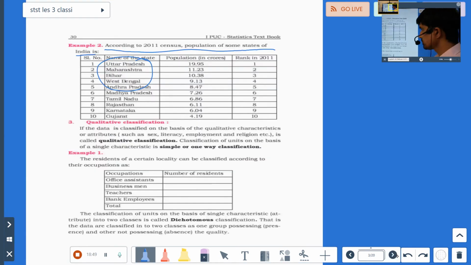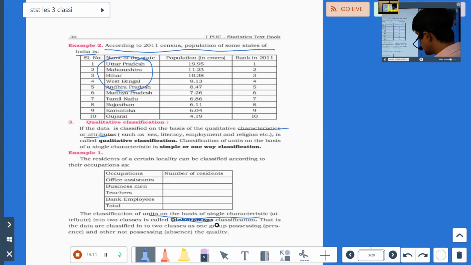Okay. Then next, qualitative classification. What do you mean by qualitative classification? Based on characteristics or attributes, such classification is called as qualitative classification. In that, if classification is on the basis of a single characteristic, it is called as dichotomous classification.